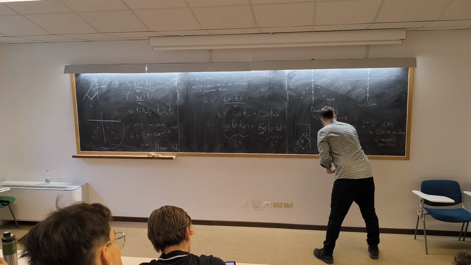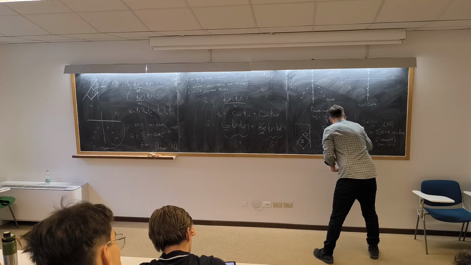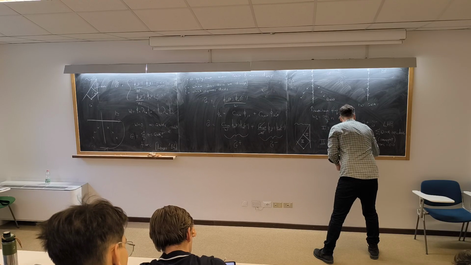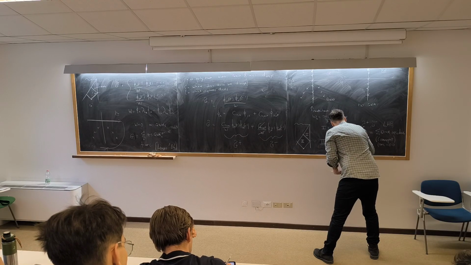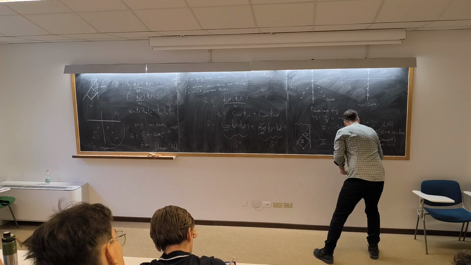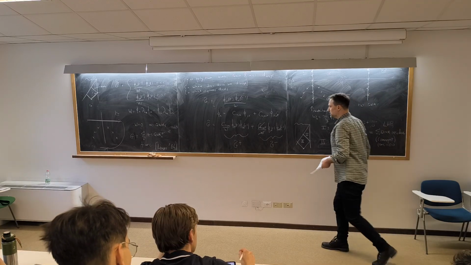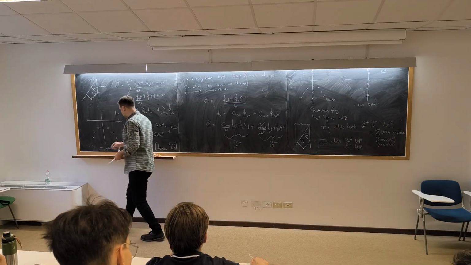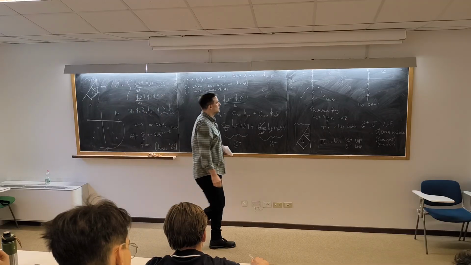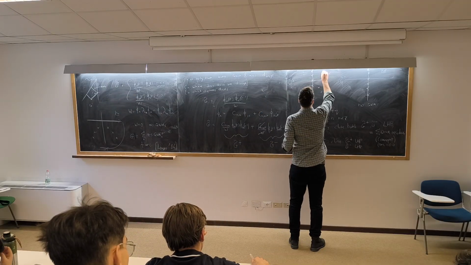So G tilde plus in the upper half plane and G tilde minus in the lower half plane. Okay, so you can see that when I do that, this is the non-trivial case.